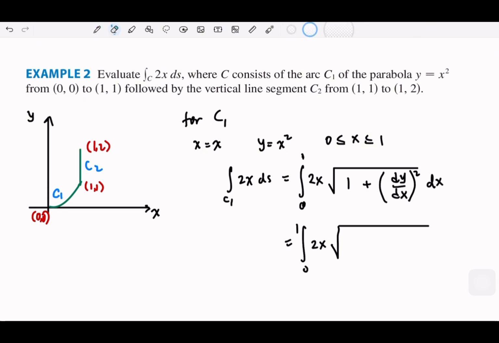This is 1, dy/dx is 2x, and 2x squared will be 4x squared.